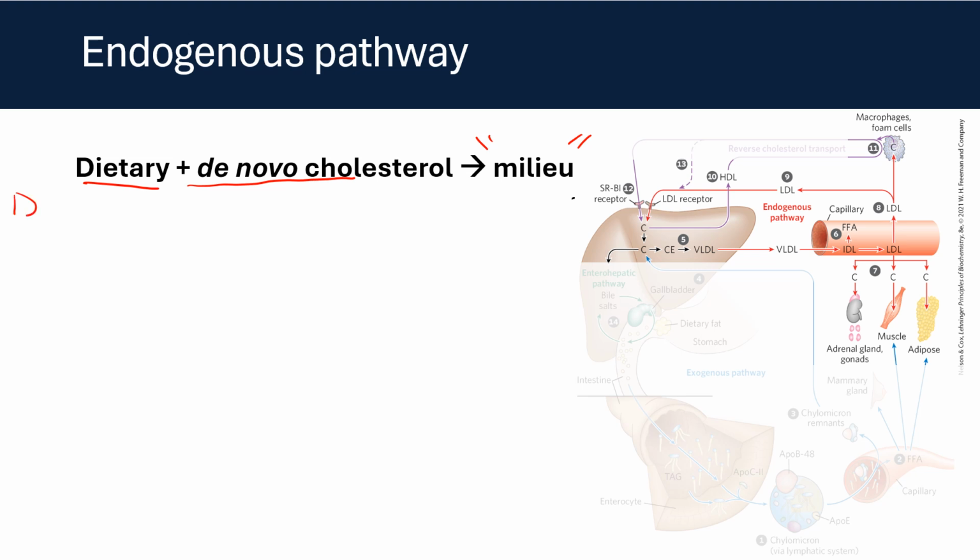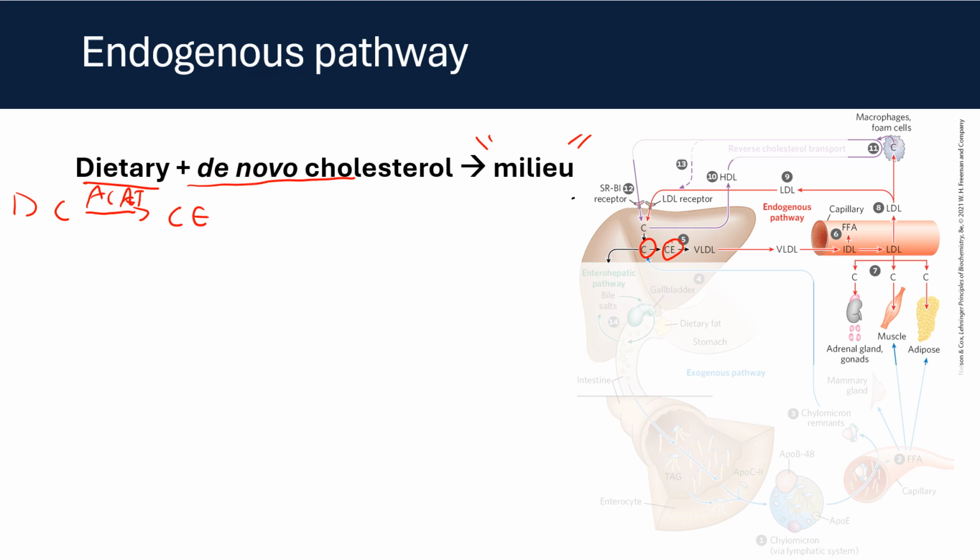Step 1 of the endogenous pathway begins in the liver, where we just left off. That cholesterol that we just imported, we are going to package and convert into cholesterol esters using an enzyme called ACAT. So C becomes CE, cholesterol esters.